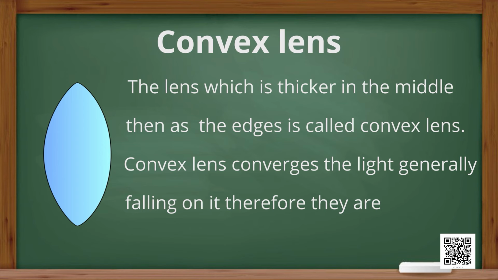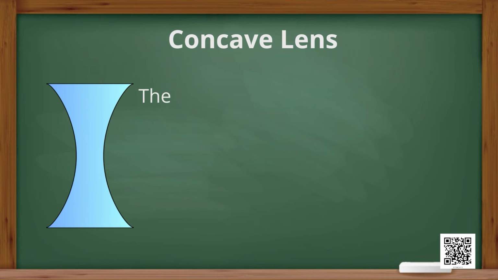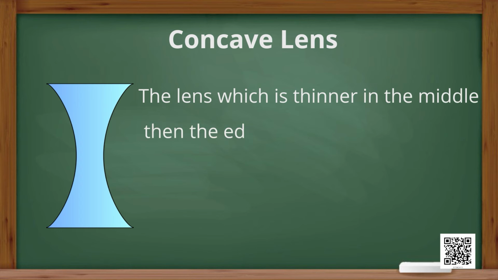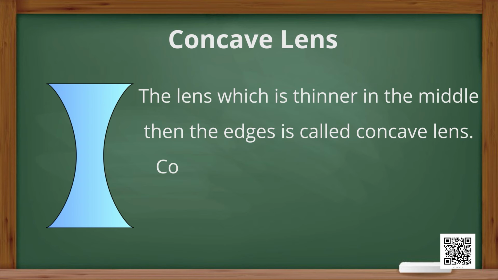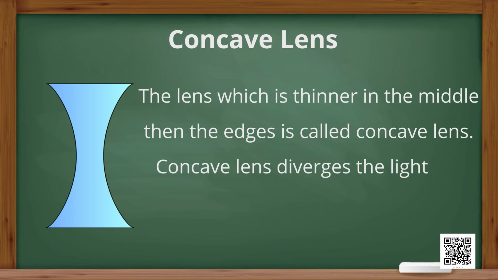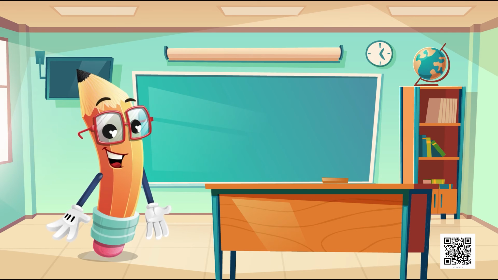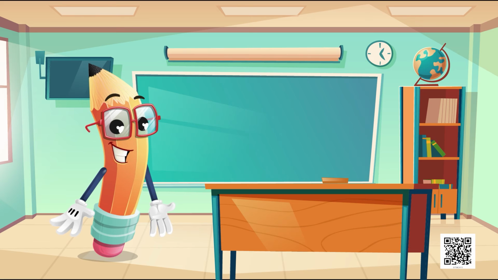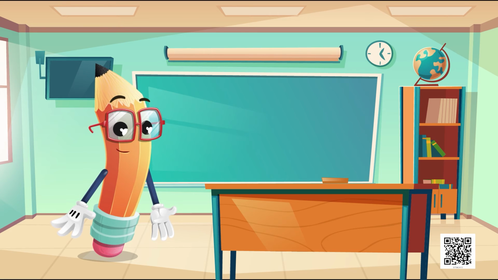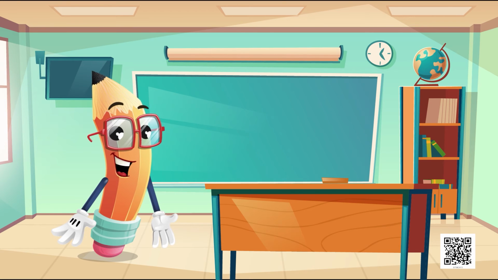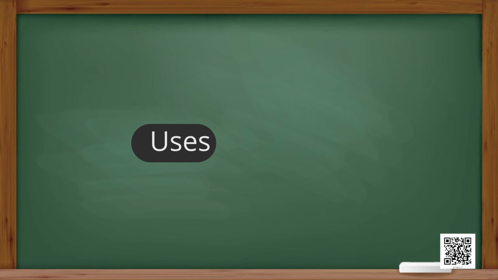Therefore, it is also called a converging lens. Whereas the lens which is thinner in the middle than the edges is called a concave lens. A concave lens diverges the light and is called a diverging lens. Dear children, lenses are transparent objects, so light can pass through them. Let us see some uses of lenses.